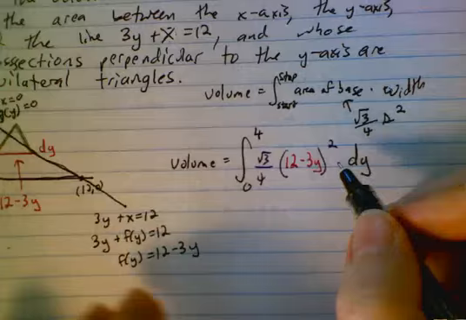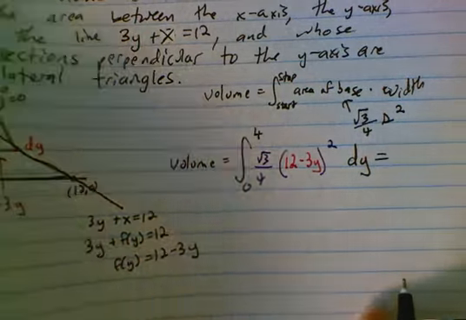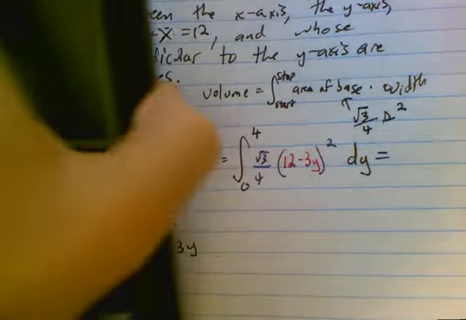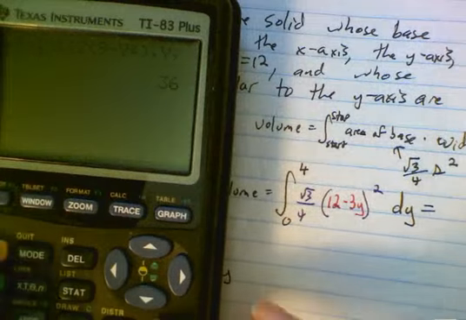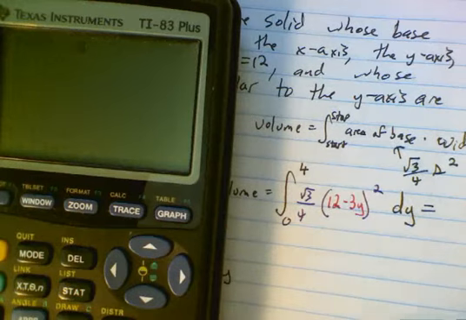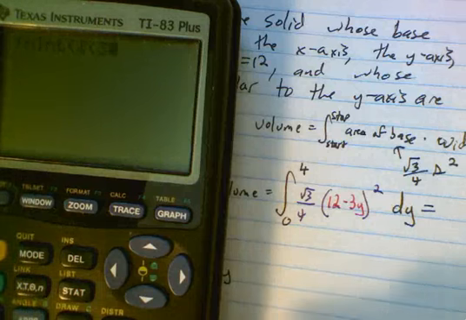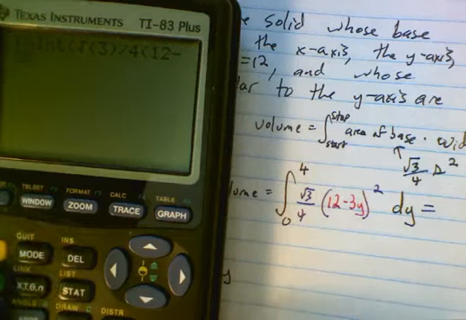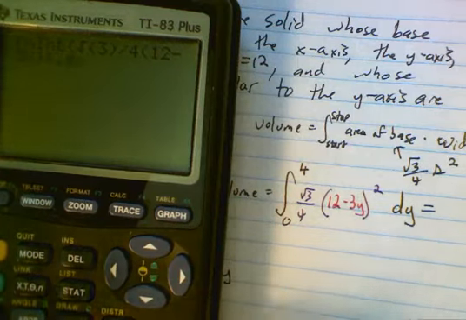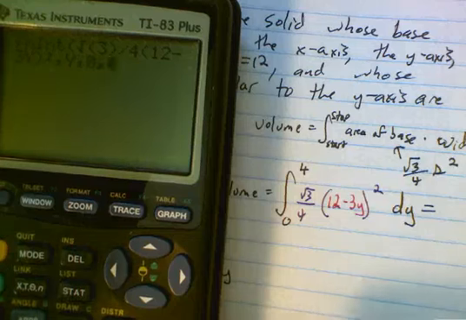That will be math 9, square root of 3 divided by 4, 12 minus 3y, squared, variable is y, from 0 to 4.